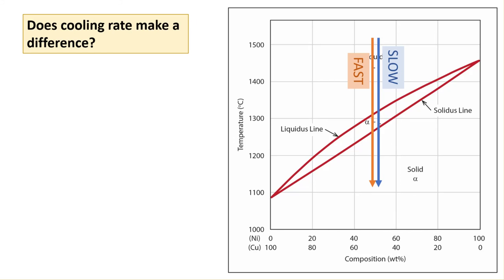Remember at the beginning of the video when I said that under normal circumstances, we will have a single phase solid in the alpha region? Well, it turns out that if you cool the liquid rapidly, or what we call quenching, you can create a multi-phase solid.